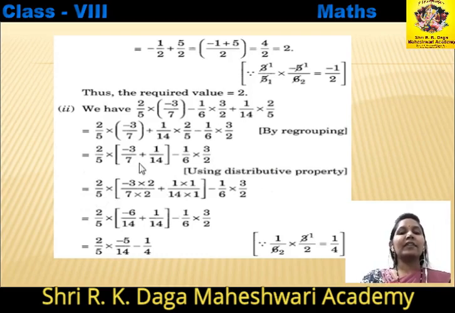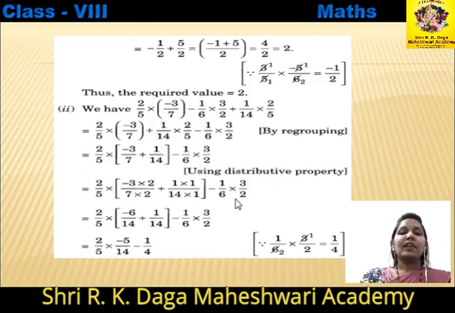Now again the denominators are different, so we will take LCM and we will multiply this 7 by 2 and 14 by 1 to get same denominator. So 2 by 5 into minus 3 into 2 upon 7 into 2 plus 1 into 1 upon 14 into 1 minus 1 by 6 into 3 by 2.